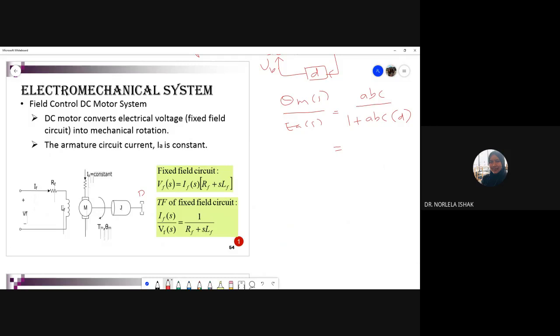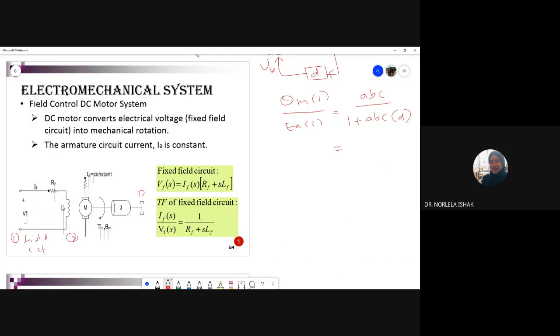Similar to the first case study, we have to derive subsystem by subsystem. The first one is the armature circuit here. So this is your subsystem one, the field circuit.